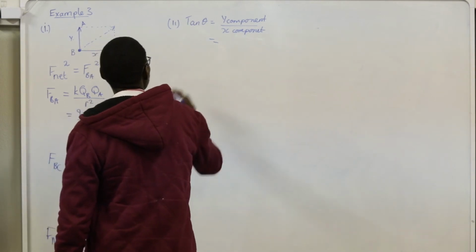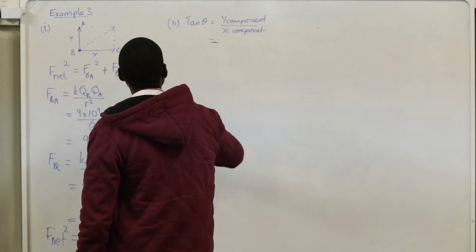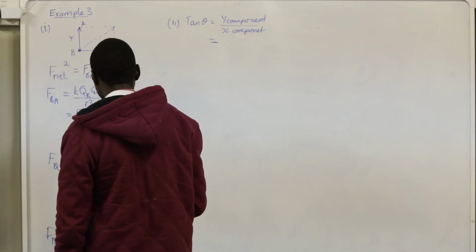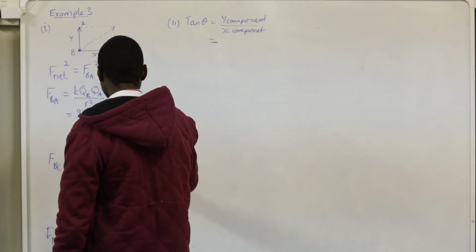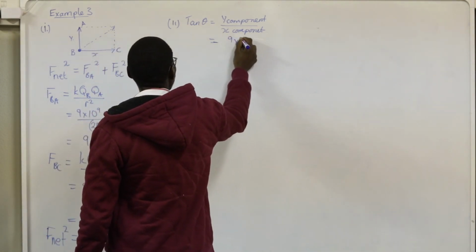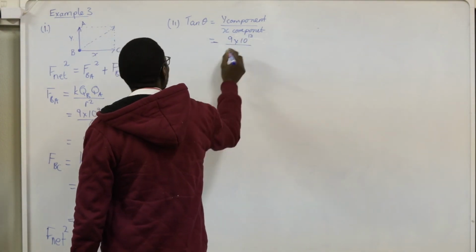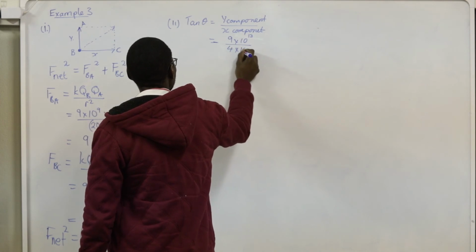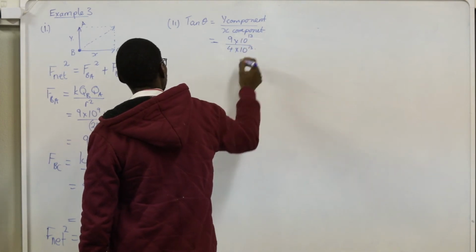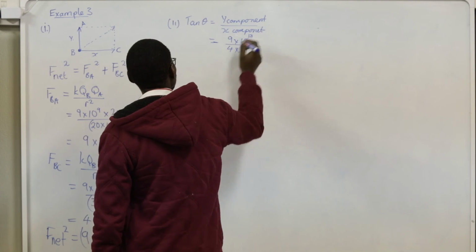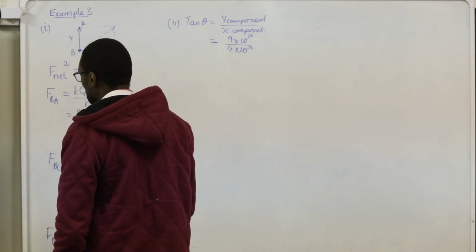So tan theta is equal to 9 times 10 to the power of 13 divided by 4 times 10 to the power of 13. Your mathematics will tell you these two are going to cancel. So 9 over 4.